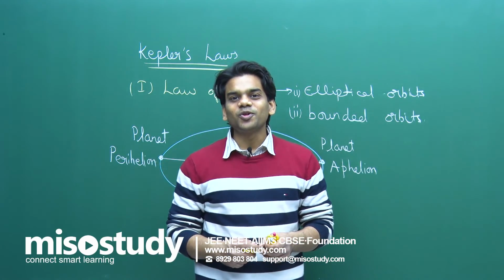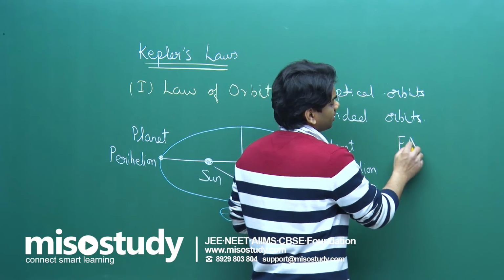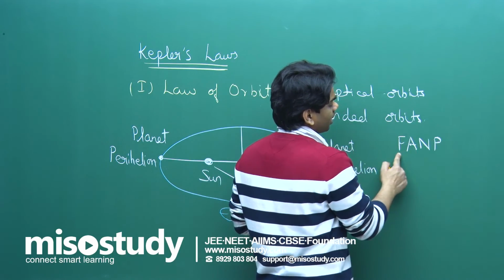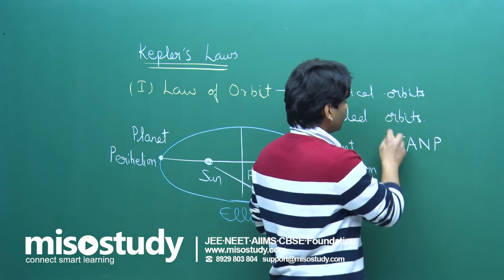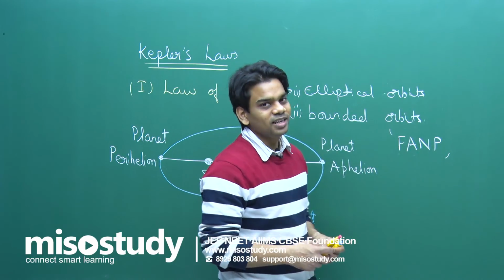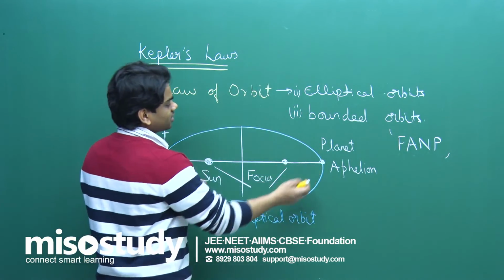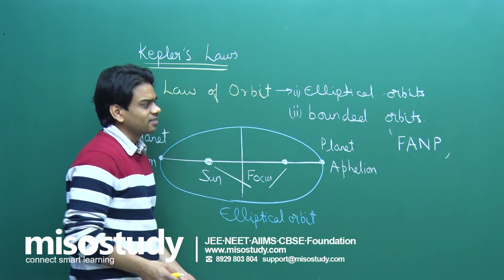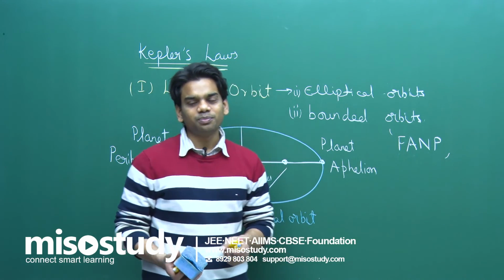It's very easy, as I told you in the last class. Remember FANP, fan and P. F farthest, aphelion; N nearest, that is perihelion. This is the shortcut to remember: nearest is perihelion and farthest is aphelion.